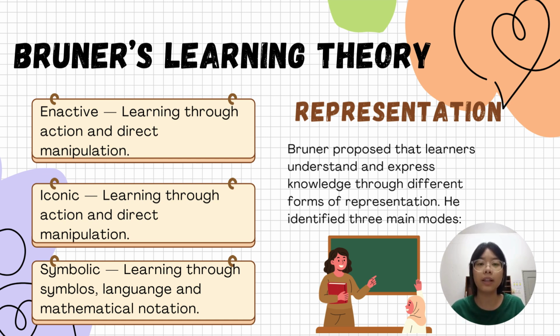The third and last one is symbolic representation, which uses language, symbols, or mathematical notation. For example, students can label angles with symbols like 90 degrees and write the names of triangle types such as equilateral, isosceles, and scalene triangle. And language is the way that we communicate in sentences.